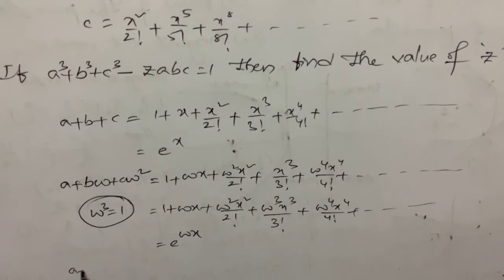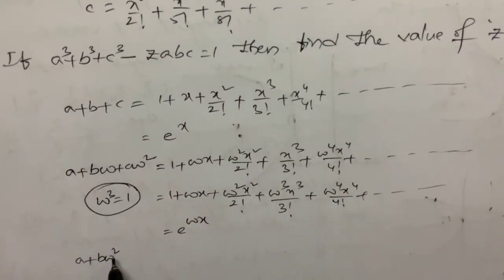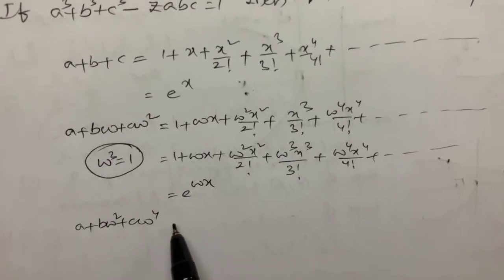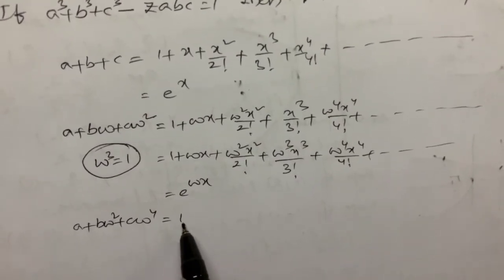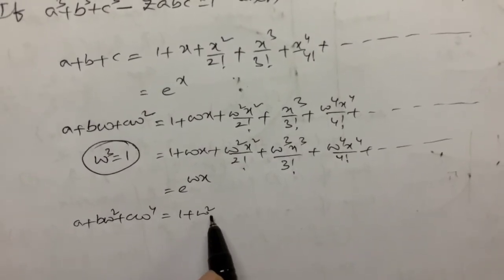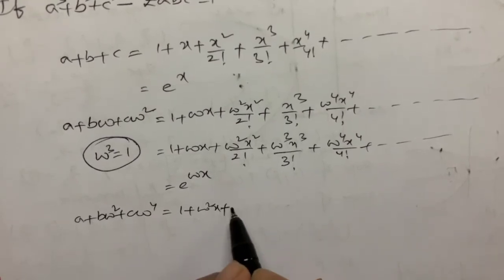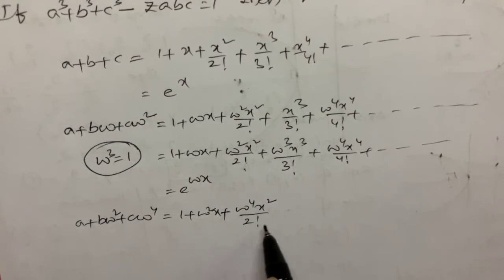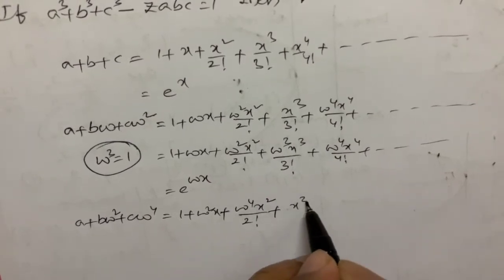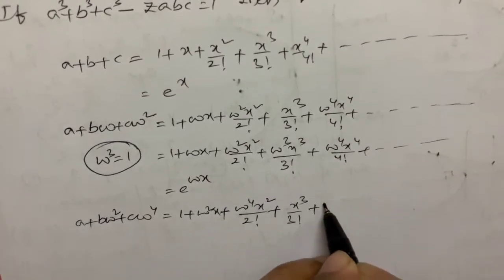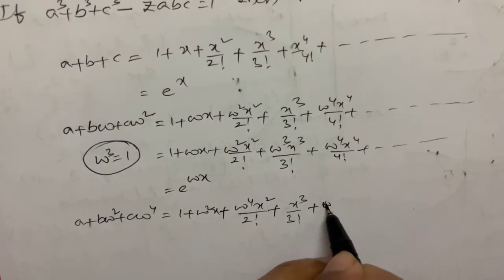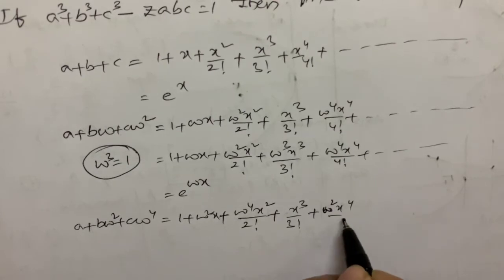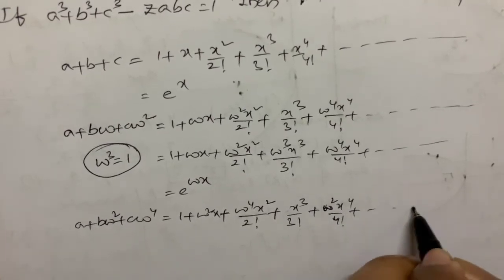Again consider a plus b omega square plus c omega power 4. If I consider that, I will get 1 plus omega square x plus omega power 4 x square by 2 factorial plus x cube by 3 factorial plus omega square x power 4 by 4 factorial, and so on.